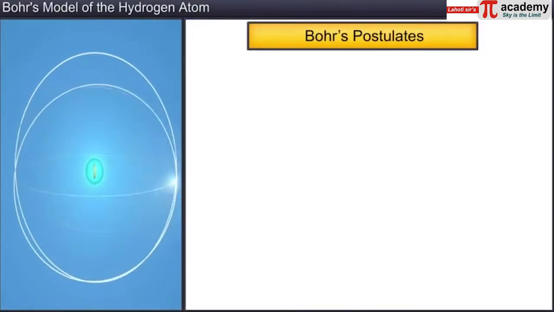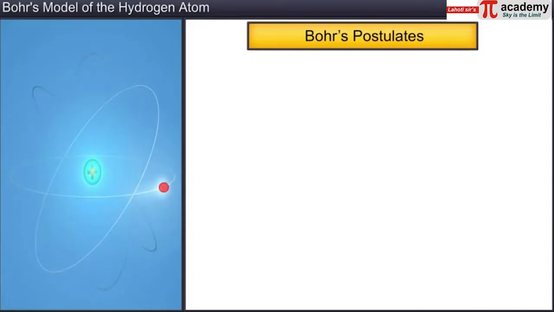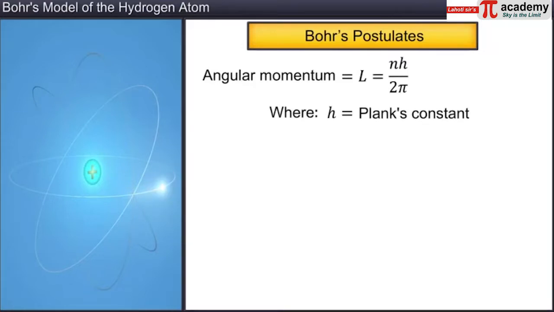According to Bohr's second postulate, the electron revolves around the nucleus only in those orbits for which the angular momentum L is an integral multiple of nh by 2 pi, where h is Planck's constant equal to 6.625 × 10^-34 joule-second.